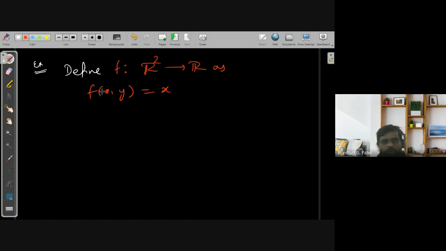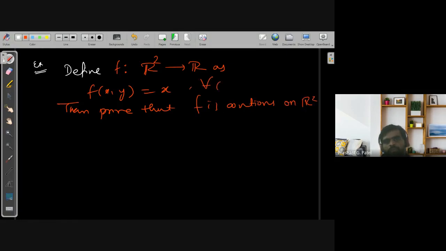This is known as a projection function because you are projecting your (x, y) coordinates onto the x axis. Then prove that f is continuous on R squared. This is defined for every (x, y) belonging to R squared. This I am giving you as homework to do.